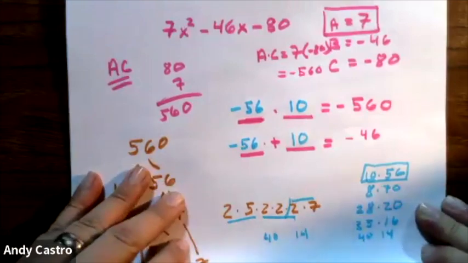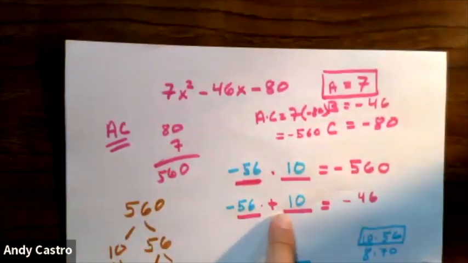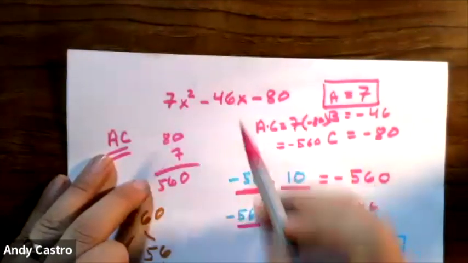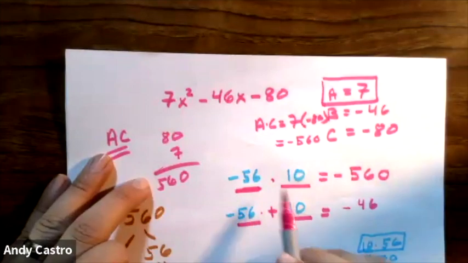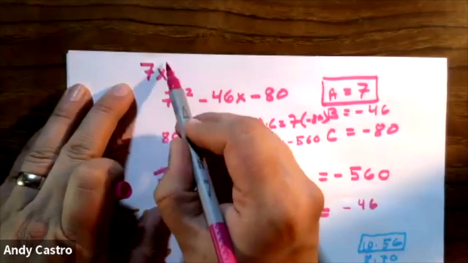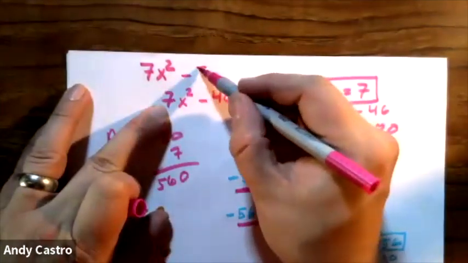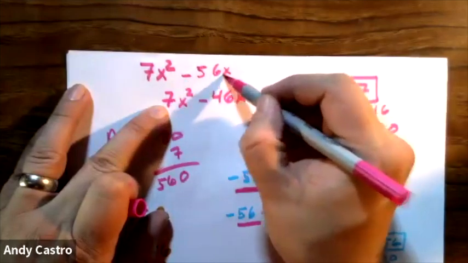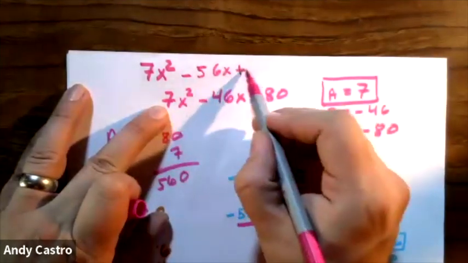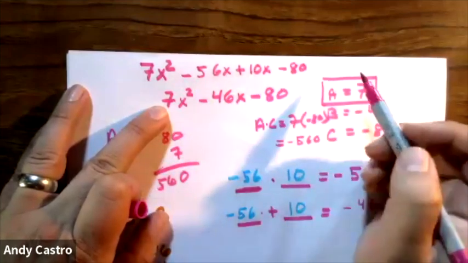All right. So now that I found those two numbers, for the AC method, we're going to rewrite the middle term as a combination of those two. So this is going to be, and I'll go ahead and write it here, 7x squared minus 56x plus 10x minus 80.